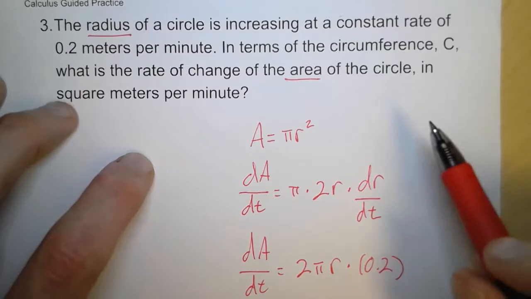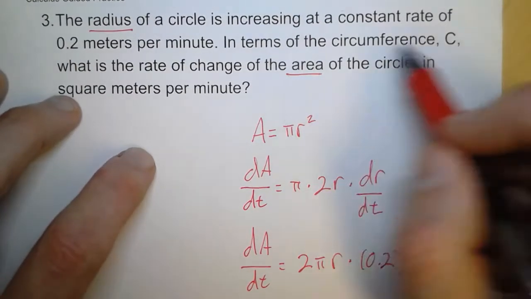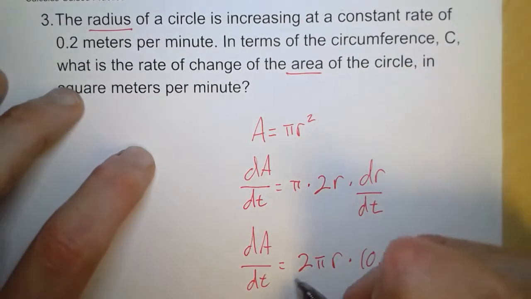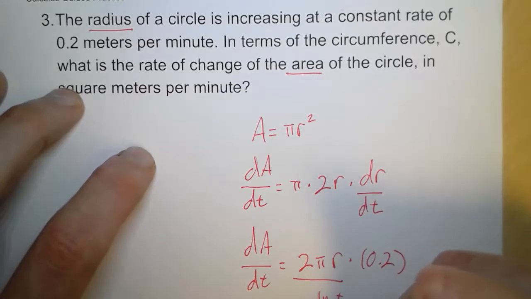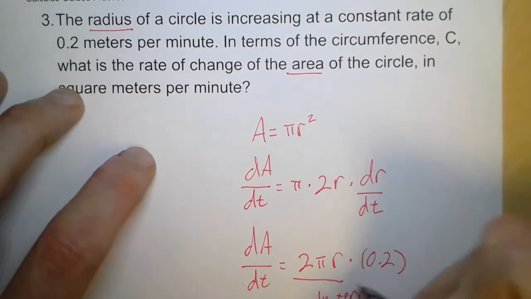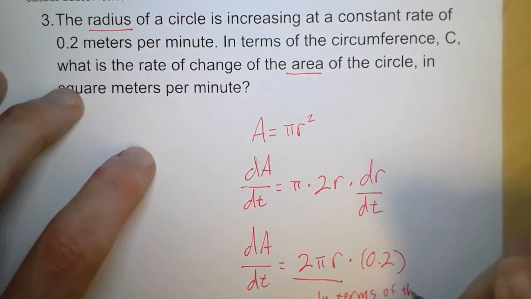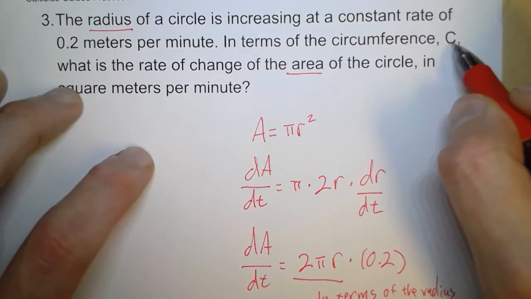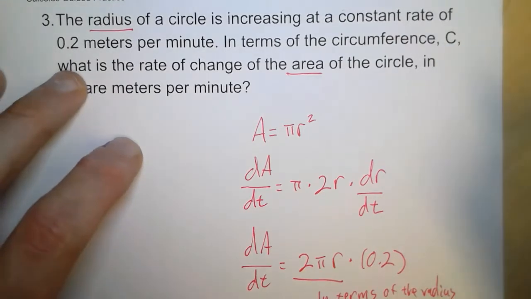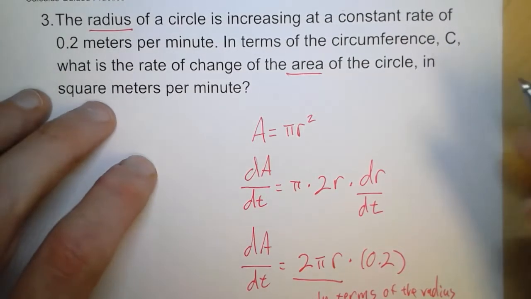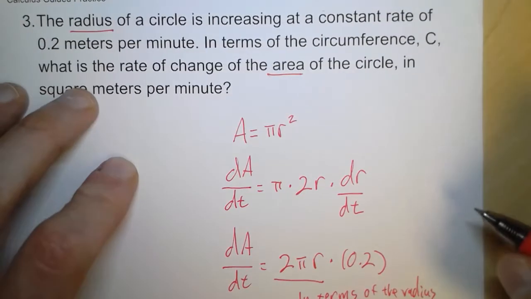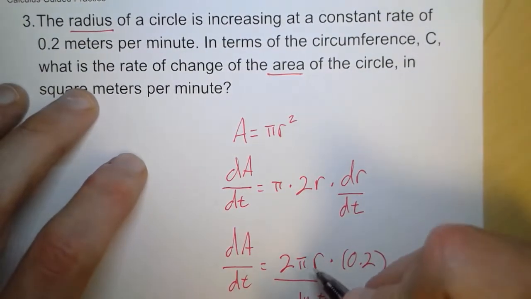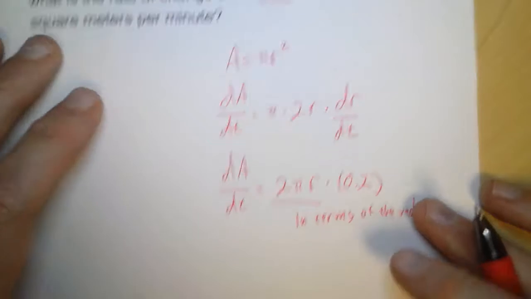Now, what's interesting is it says it wants this in terms of the circumference. Right now, it's in terms of the radius because the radius is the variable. But it wants it in terms of the circumference. So we need to replace that somehow with what the circumference is equal to. If we recall, circumference is equal to 2 pi r. It's equal to that expression.